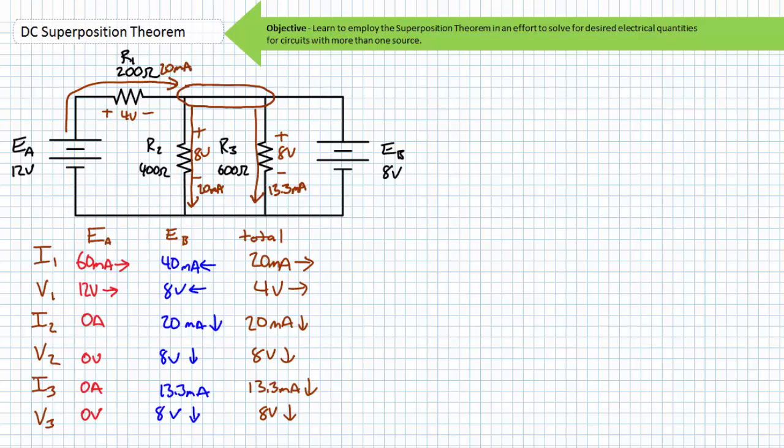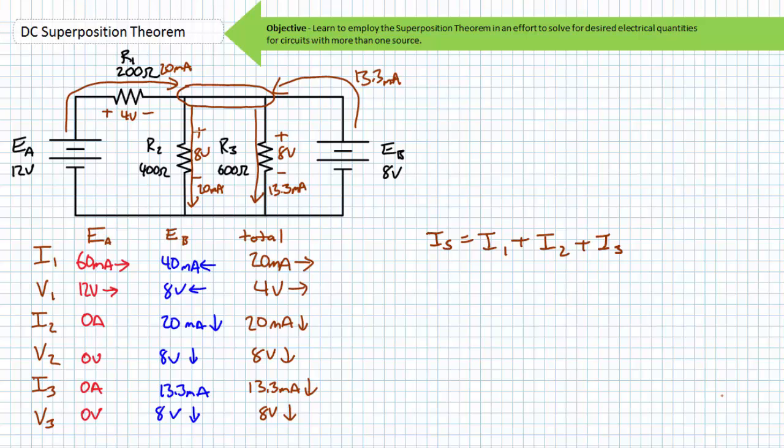A KCL analysis of this node sees 20 milliamperes of current entering it and 20 plus 13.3 milliamperes of current leaving it. Therefore, source EB will be supplying approximately 13.3 milliamperes of current to this node. An alternate way of thinking about this is from the perspective of EB when EA has been removed from consideration.